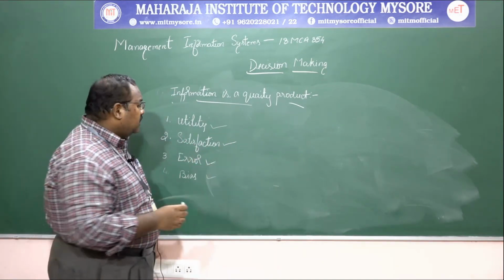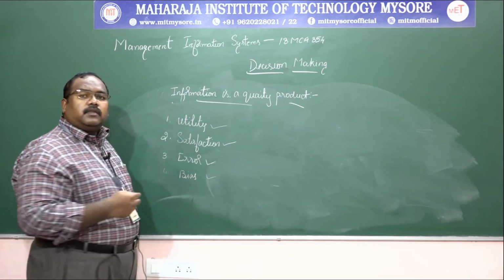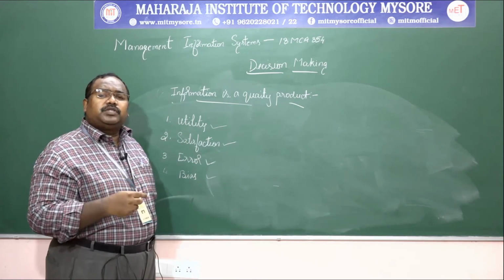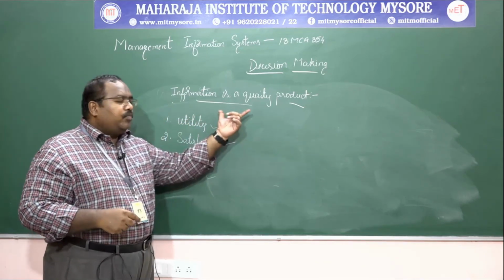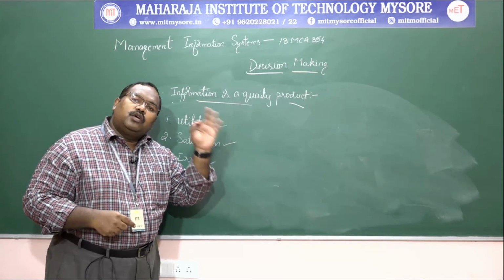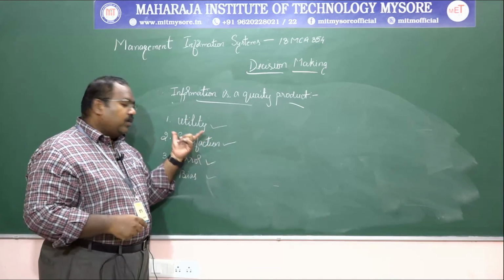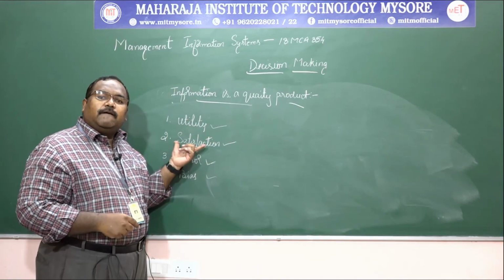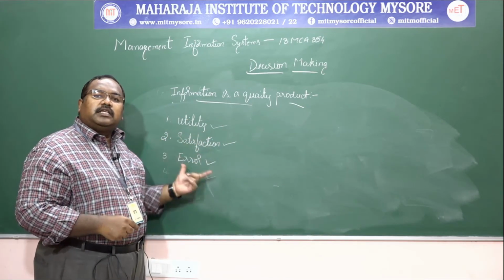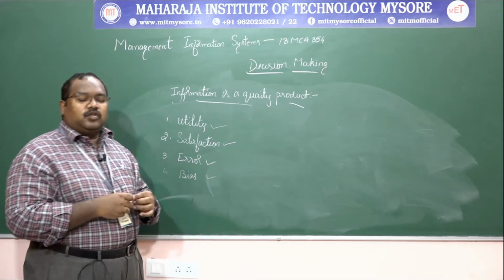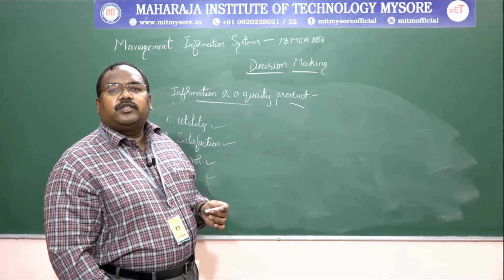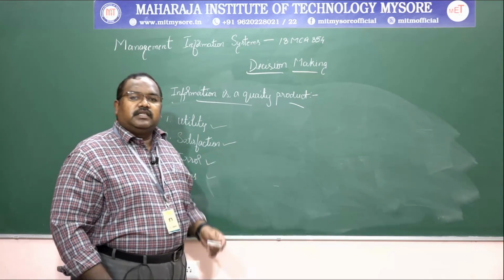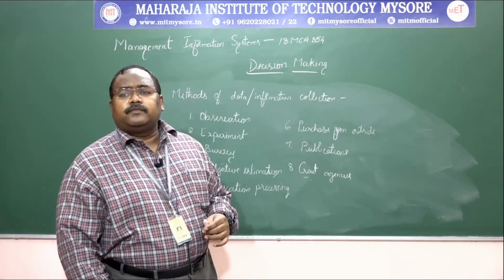Now, if these four parameters are considered in the right proportion, in a proper way, then the information is said to be a good quality product. The first one is the utility, the second component is the satisfaction, the third component is error, and the fourth one is bias. We need to look into that. All information always satisfies these four components.